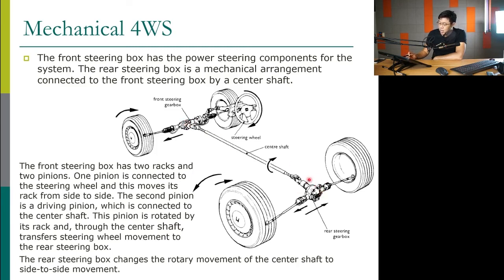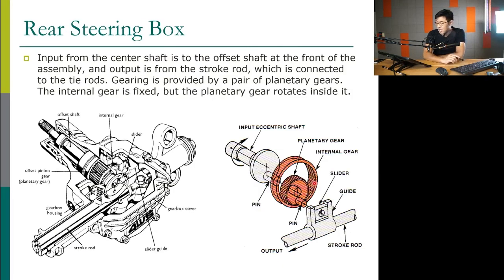And at the rear wheel they have this gearbox to control the turning of the rear wheels. In this gearbox they have this kind of mechanism. You can go back and try to analyze it. From the center shaft, it goes here to this pinion, matches to this ring gear, and this pinion connects to this slider and connects to the rear wheels. Very complex mechanical design.